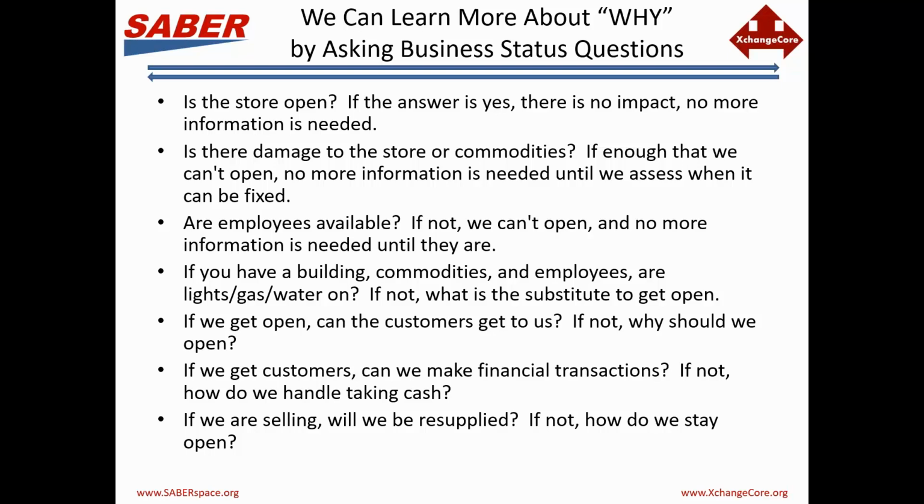If not, what's the substitute to get open? Because you got everything ready, but maybe you're missing electricity, therefore a generator would help. Next question. If we can get open, can the customers get to us? If not, why would we open? If I'm on an island surrounded by broken down flood or broken down bridges, maybe there's no reason to open.